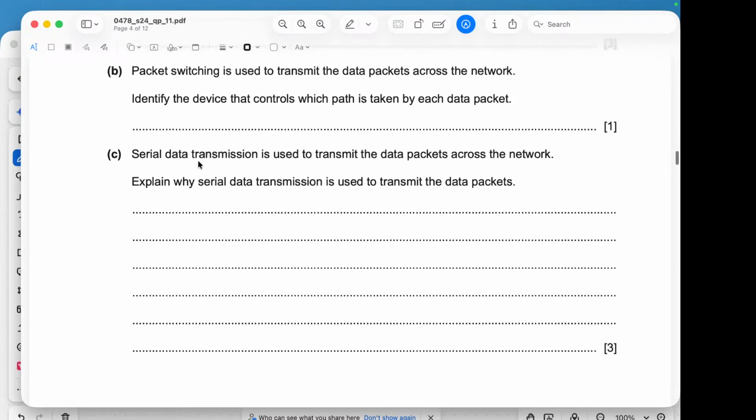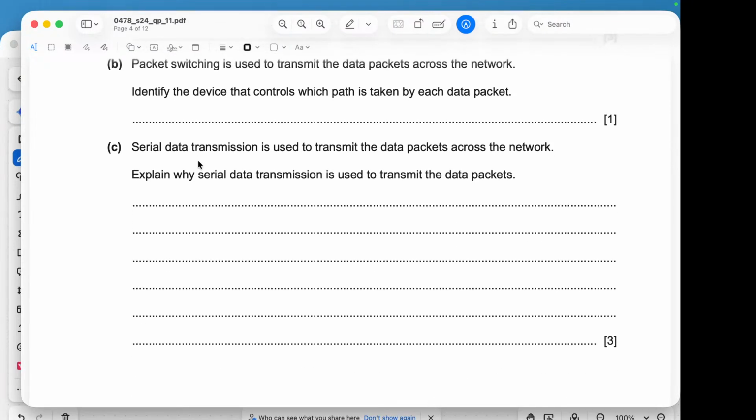Let's look at the next question. Packet switching is used to transmit the data packets across the network. Identify the device that controls which path is taken by each data packet. You've probably got one in your home.